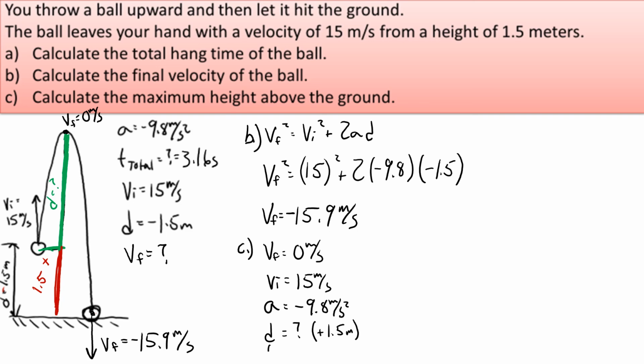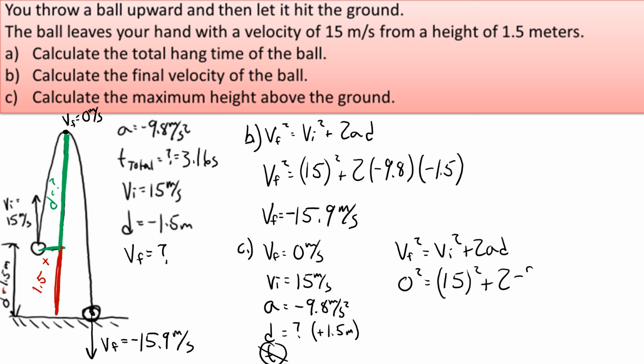And so we don't care about t, so it's the same equation as part B. It's just different now because we're looking at the first segment, whereas in part B, we were looking at the entire path. So VF is 0, VI is 15. Don't forget to square it. 2 times negative 9.8.